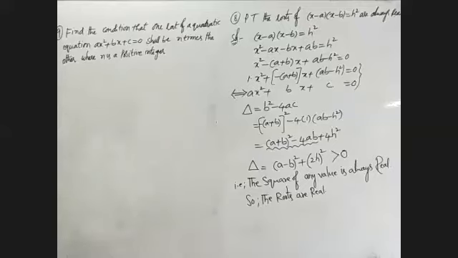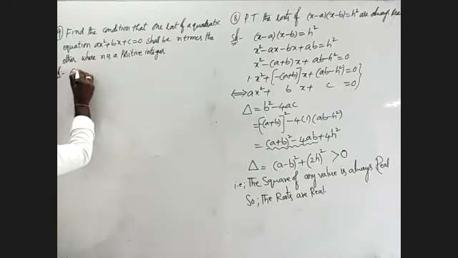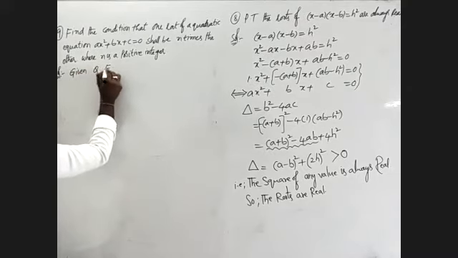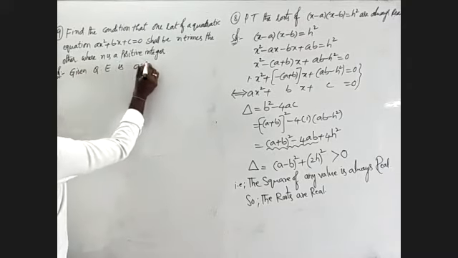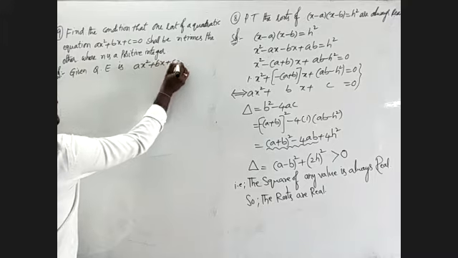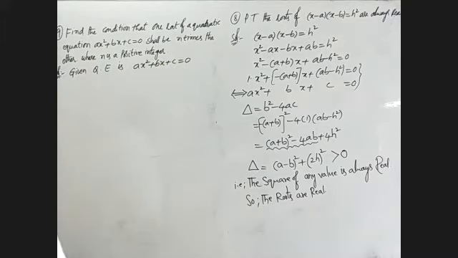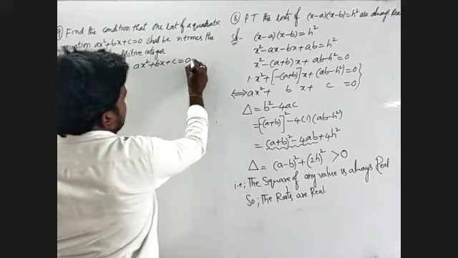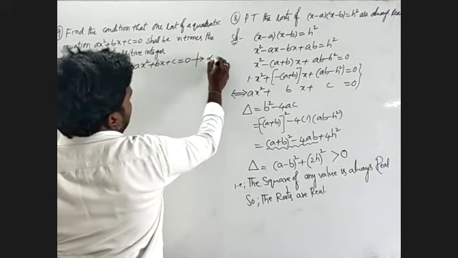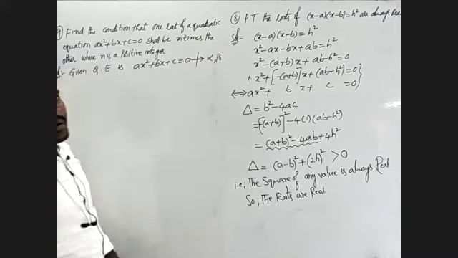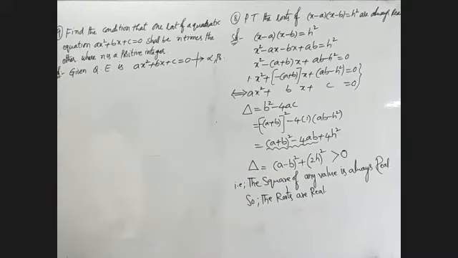First, we'll write the given quadratic equation, that is ax square plus bx plus c is equal to 0. We'll observe the degree of the given equation is 2, which means it has two roots, one is alpha, another one is beta. But in this problem one more condition is given: one root shall be n times the other.